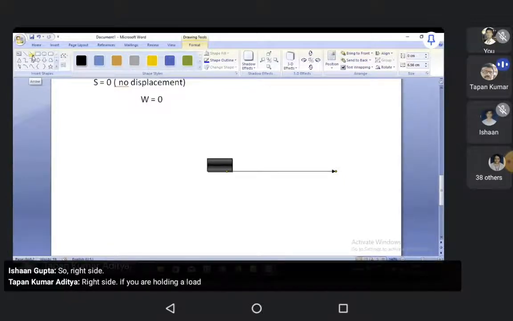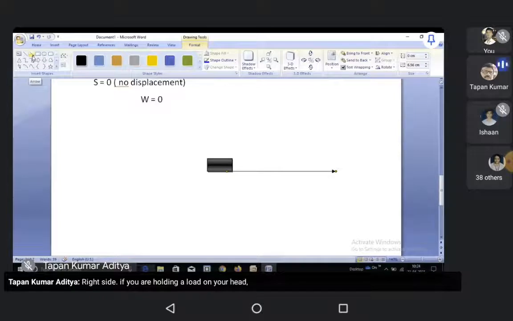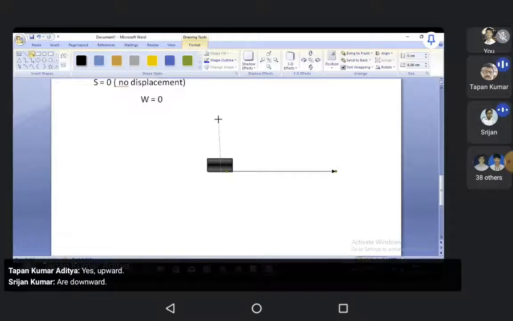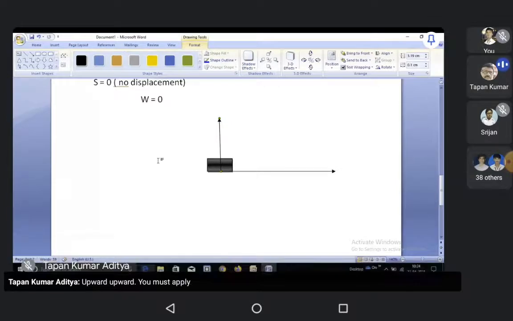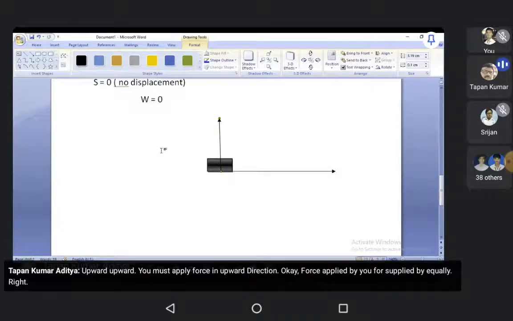If you are holding a load on your head, in which direction you will apply the force to hold that load? Upward or downward? Upward. You must apply force in upward direction. Force applied by you, force applied by the porter.